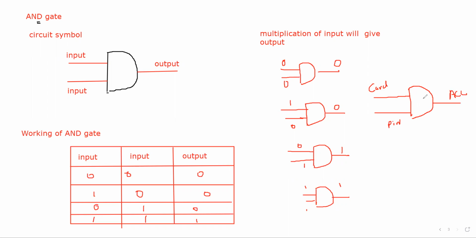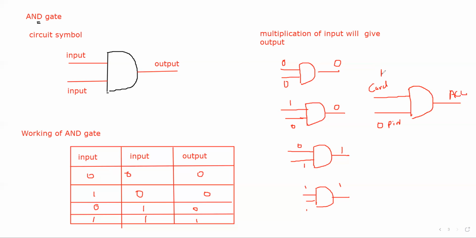So for example, when you insert a card, the machine reads the card. If the machine reads the card, it will give 1. Like one of the inputs is 1. If you use a card which the machine can detect or read, the card input is 1. But you enter a wrong PIN, one which does not match the card. So the PIN input will be 0.